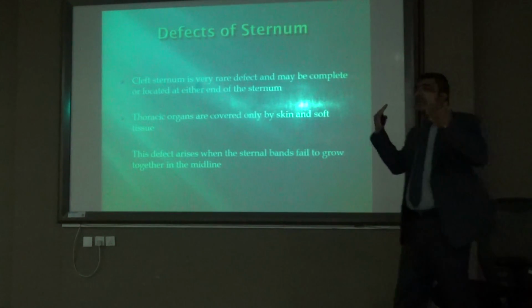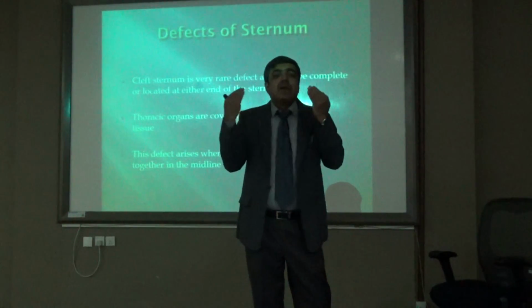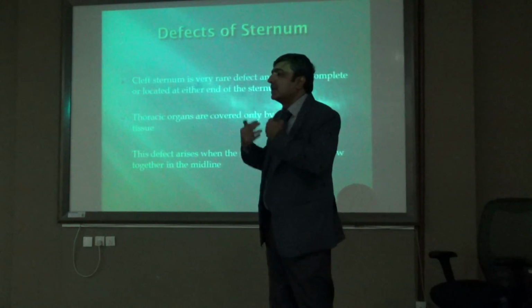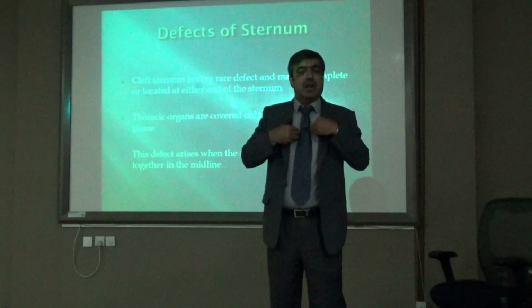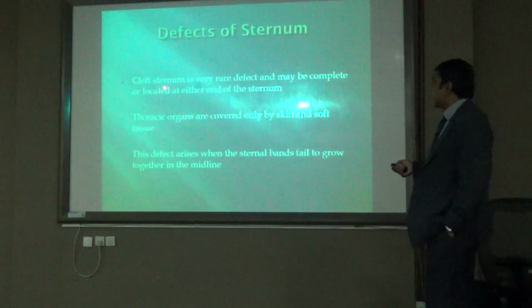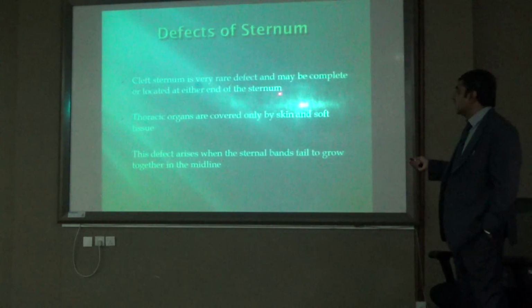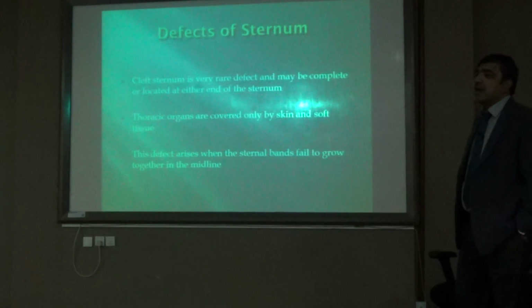Defects of the sternum. As I told you earlier on, the sternum is formed by two bands. If this band is not fused, it is separated, and the sternum area is closed only by the skin. Cleft sternum is a very rare defect and may be complete or located on either side of the sternum. Thoracic organs are covered only by skin and soft tissue.